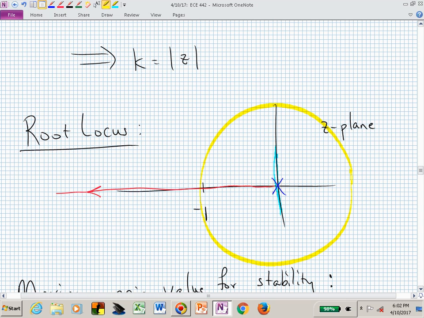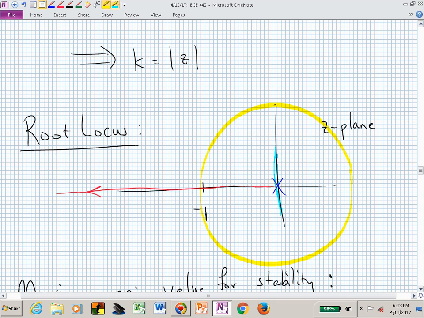How many closed loop poles do you have in this case? 1. Right? We have one pole, one closed loop pole. We want to know, can we keep that pole inside the unit circle? And if we can, what values of gain will we need for that to happen?